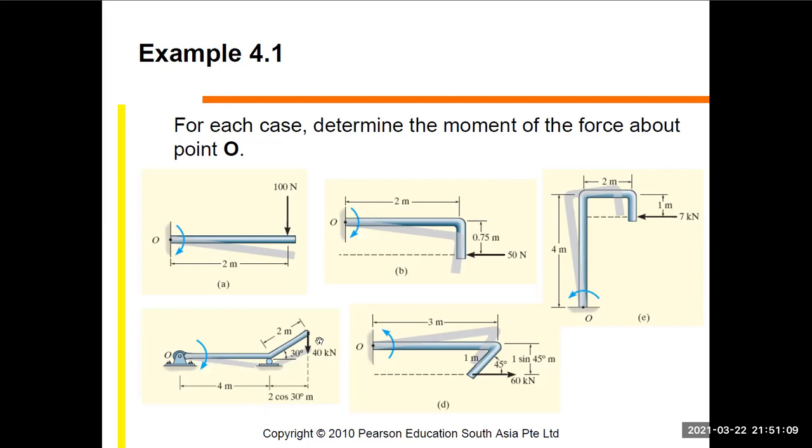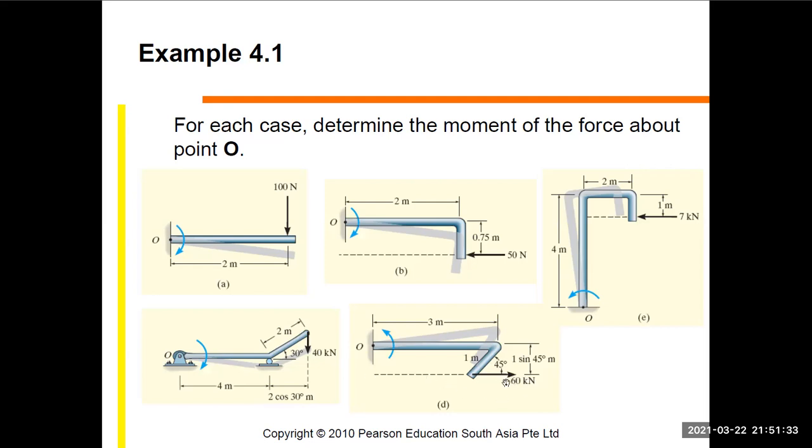For this one, this 40 kilonewton. The distance بينها وبين O تكون this 4 meters plus this distance, which is 2 cosine 30. So 40 times this amount, 4 plus 2 cosine 30. With direction تبعنا negative z.